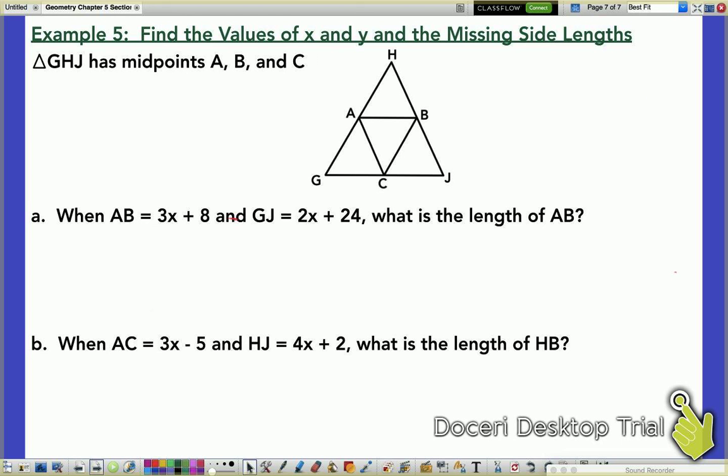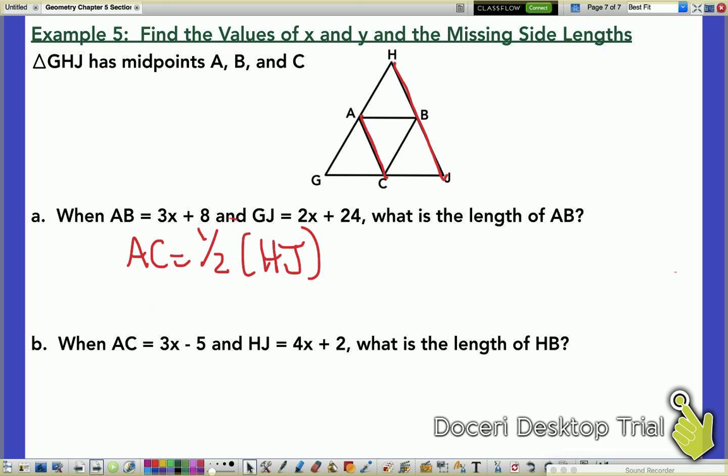All right, so AC, which is this, and HJ. I know AC is half of HJ.